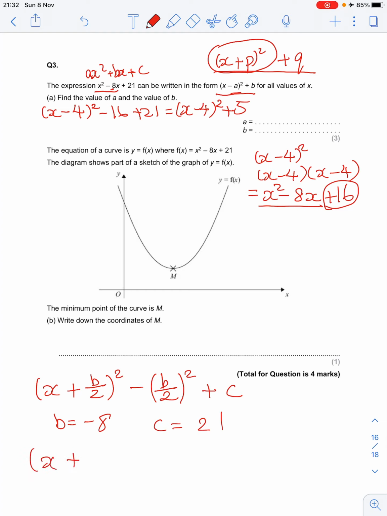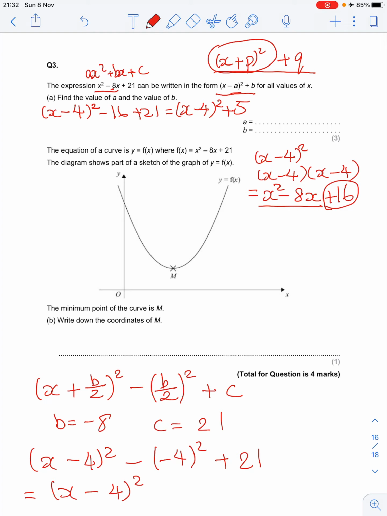So we have x plus half of b, which is minus 4, squared, minus half of b, which is minus 4, squared, plus c, which is 21. So we have x minus 4 squared.